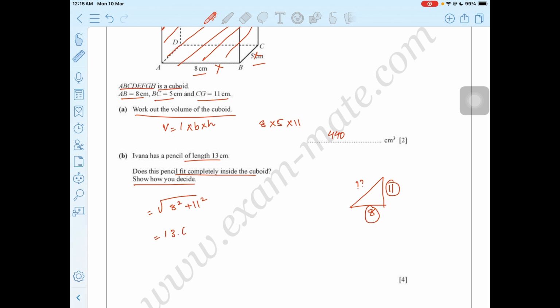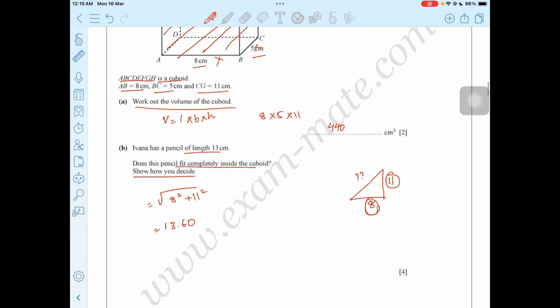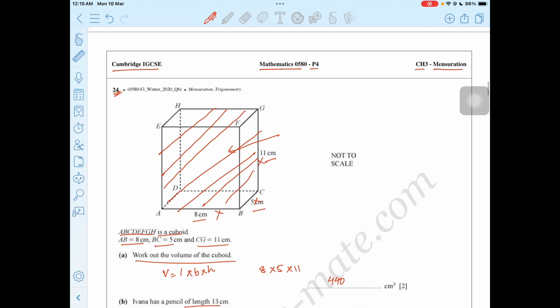So if Ivana has a pencil of length 13 centimeters, it can be fit like this, where we have our base as 8 and our height as 11. When these two are in contact, we can keep it something like this.